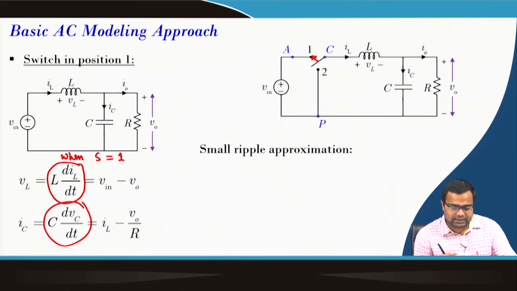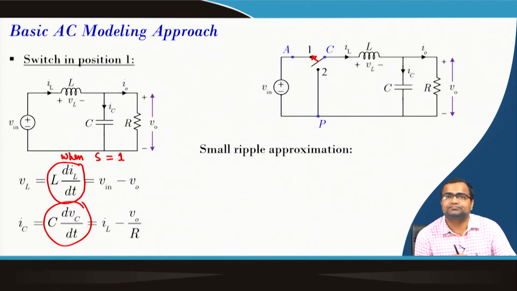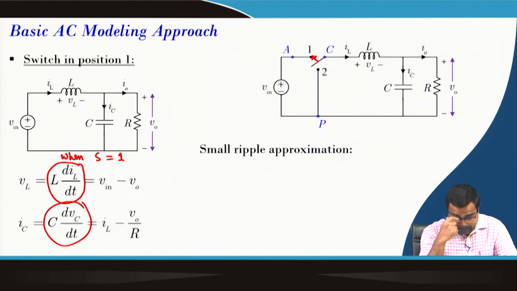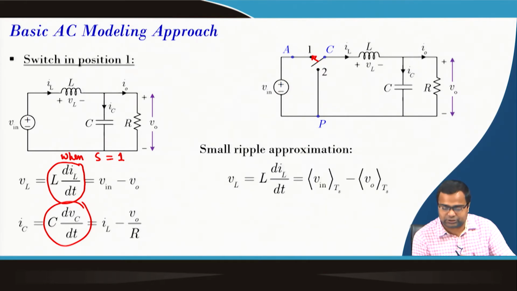In this configuration, if we continue for a longer duration, the current will keep on increasing, and the capacitor voltage depends upon the inductor current magnitude. So, it will also have some ripple information, and we are approximating using the average quantity of the voltage across the inductor.